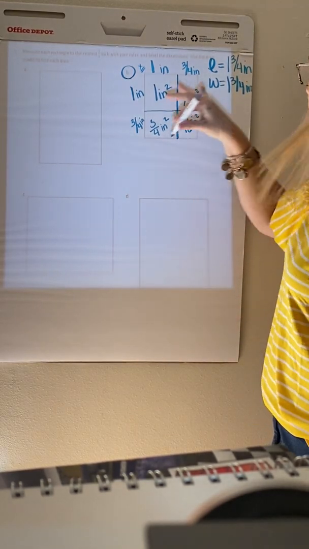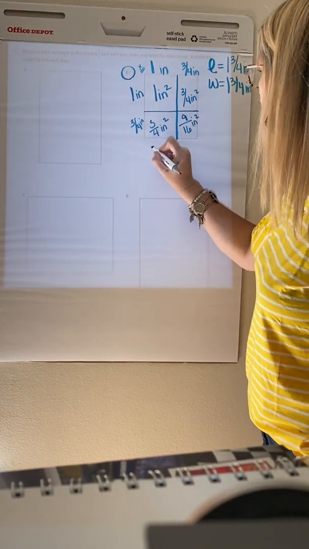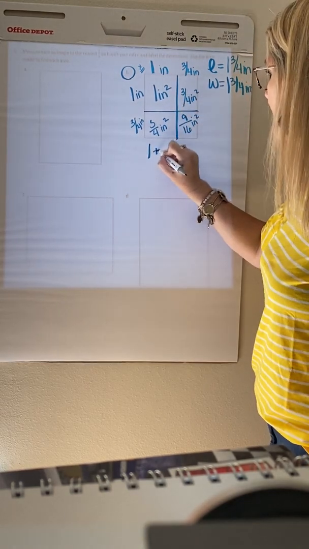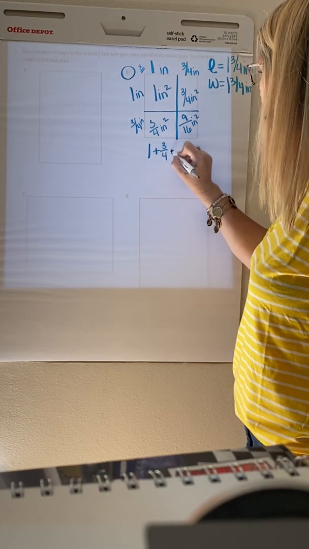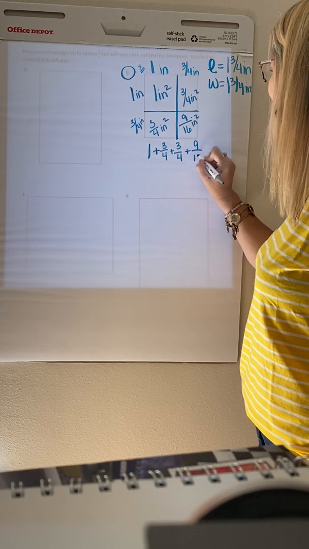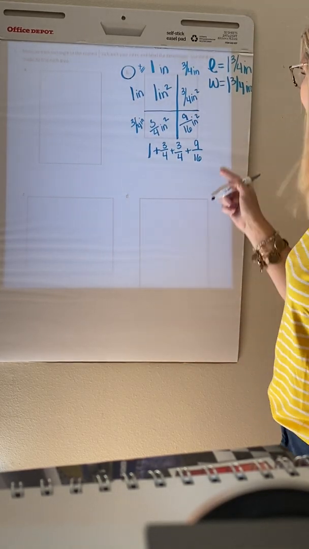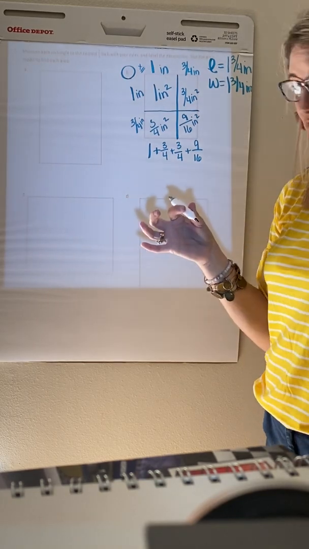Our next step is to bring this down. I would bring it down and put my whole number first. So I would start with the 1, and then I would go through and add 3/4 plus 3/4 plus 9/16. My next step here is that I know when I'm adding fractions that I have to have that common denominator.